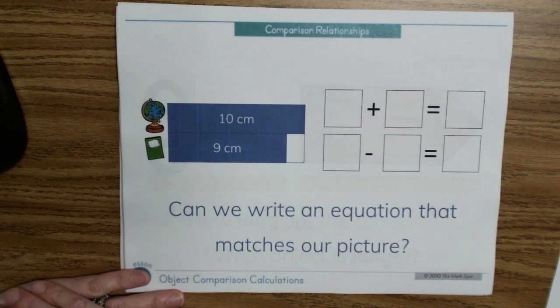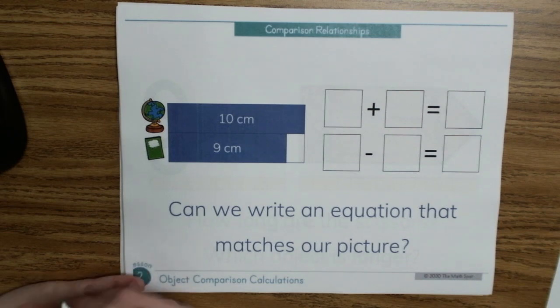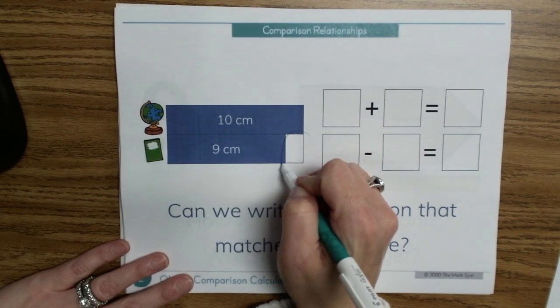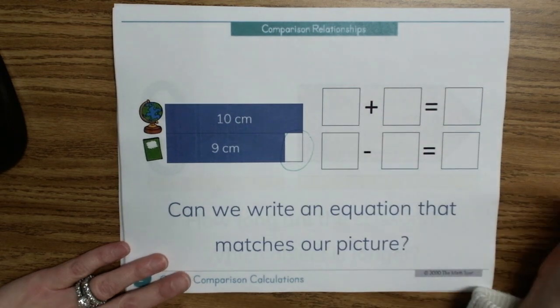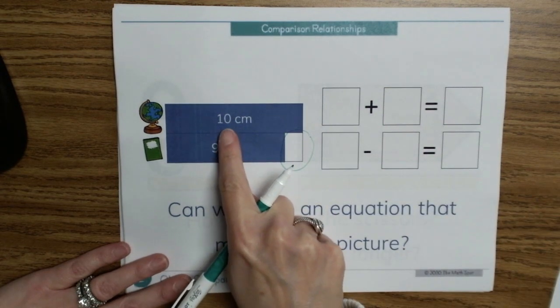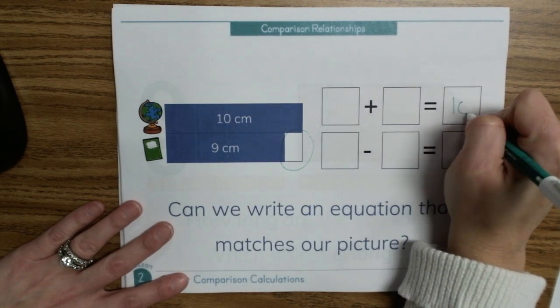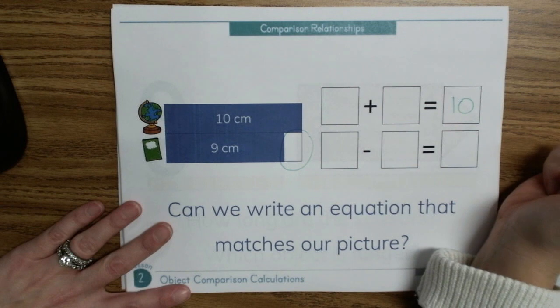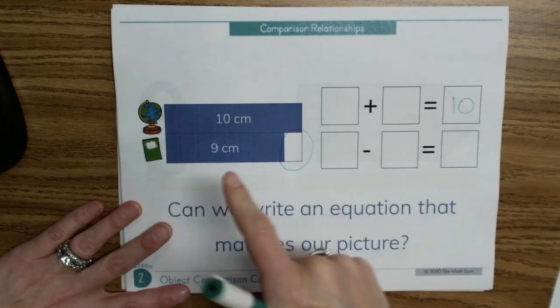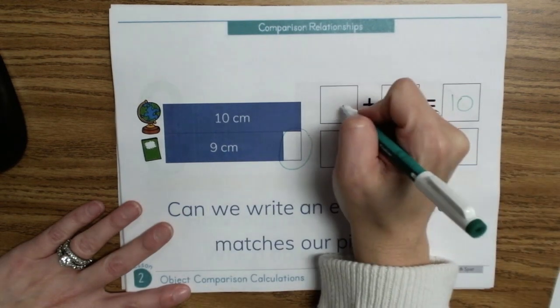Okay, so let's look at this, because we're trying to find this missing piece right here. So we're trying to reach 10. We're trying to get there. So I'm trying to make it to where I get to 10. Well, I have 9.